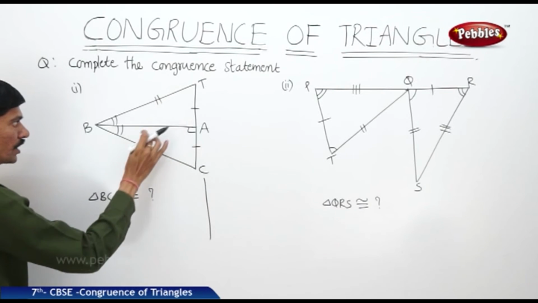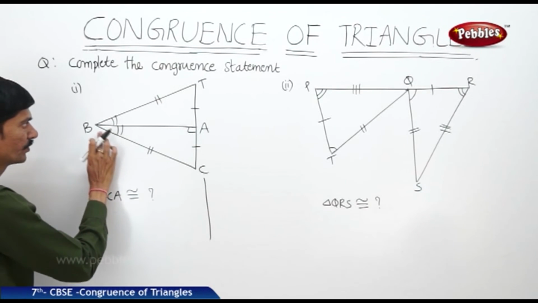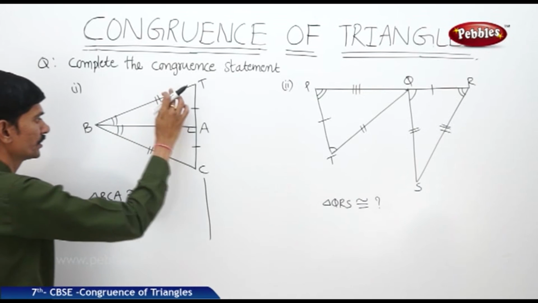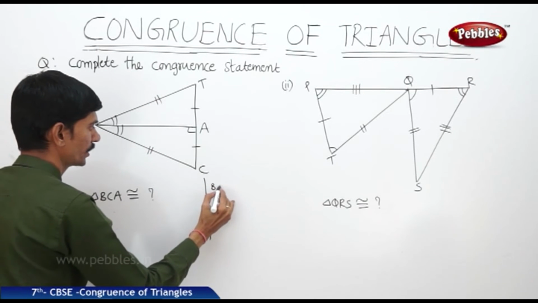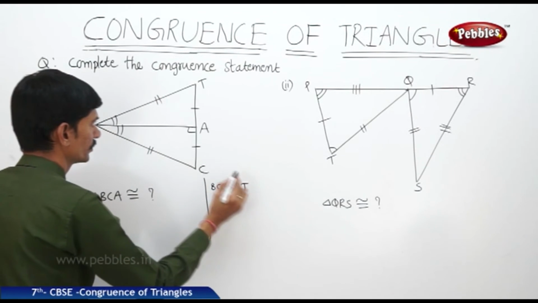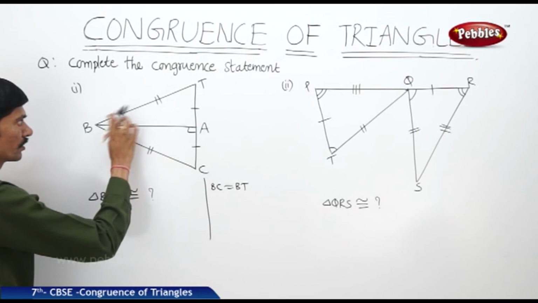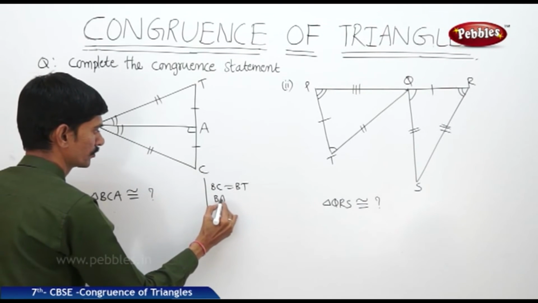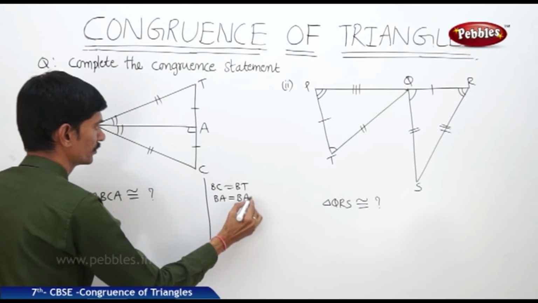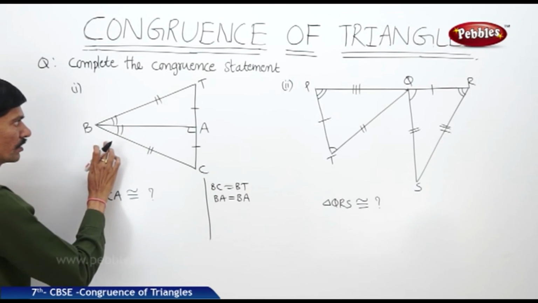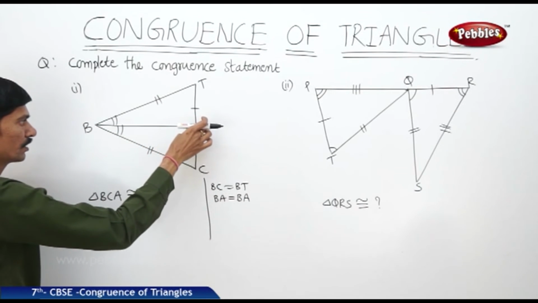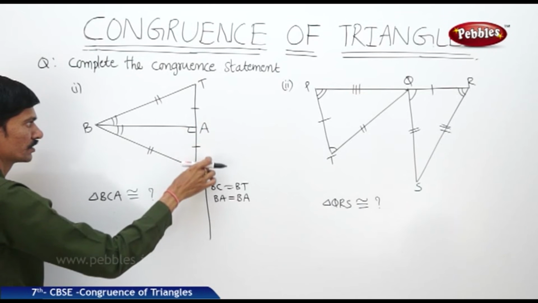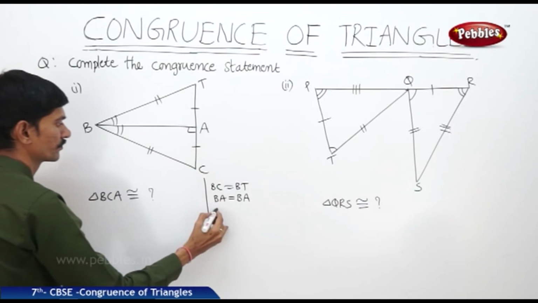In triangle BCA, BC equals BT, so we can write BC equals BT. Then BA is the common side, BA equals BA. Then here also it is given that CA equals TA.